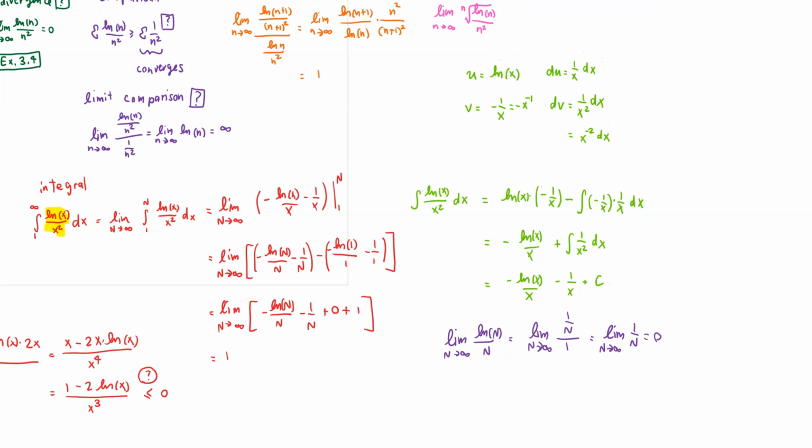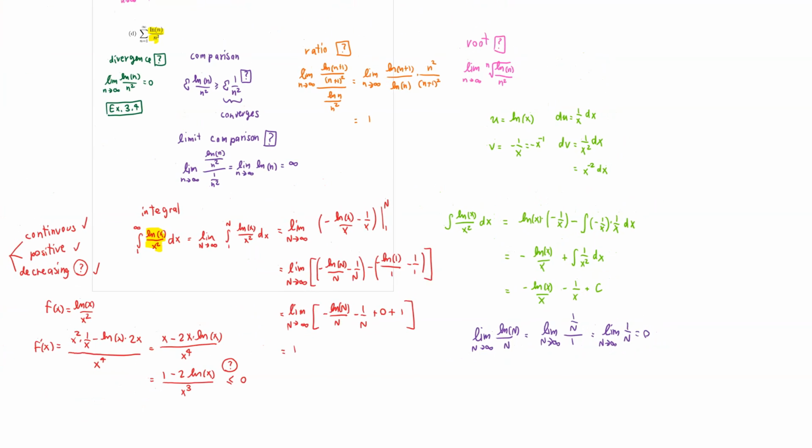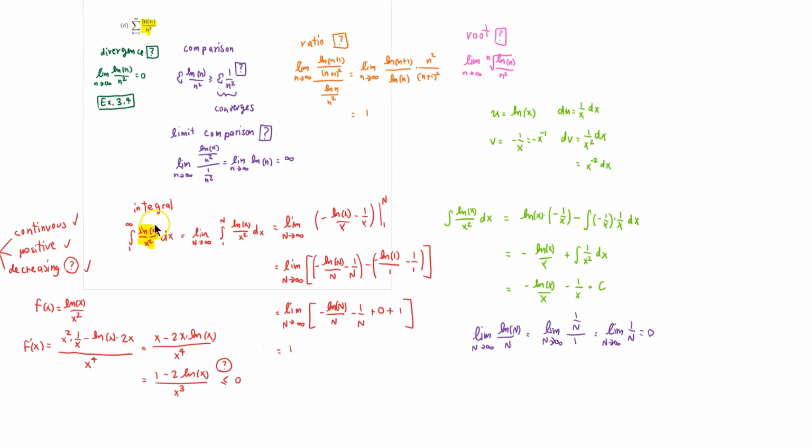So after a long work, we can conclude that this integral is going to equal 1. So that means this is not infinity, it definitely exists. So this integral converges. So then I can go back and conclude that the original series is also going to converge. And that's the last series for this example and for this lecture as well.